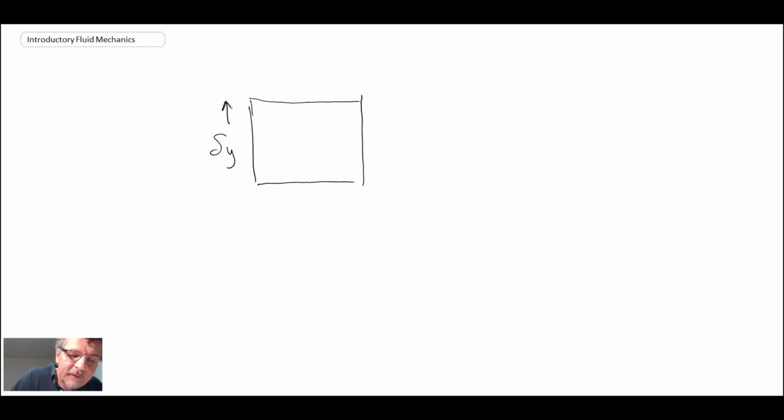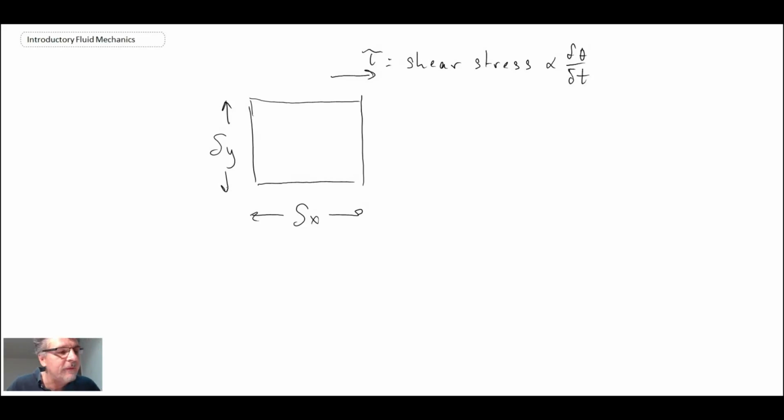So this chunk of fluid is delta y in the vertical, and it is delta x in the horizontal. That gives us the size of the chunk of fluid. And then what we're going to assume is that up here we're applying a shear stress, and that shear stress is going to be shown to be proportional to the deformation rate of the fluid itself. And what we'll do, we'll derive an equation for that.